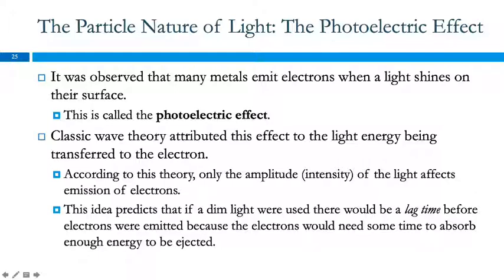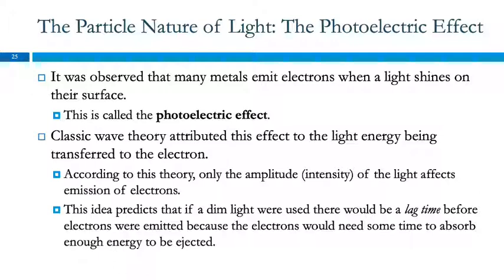So from that experiment, it's clear that light behaves as a wave. Light also behaves as a particle. And this is demonstrated in the photoelectric effect. So many metals will emit electrons when a light shines on their surface.